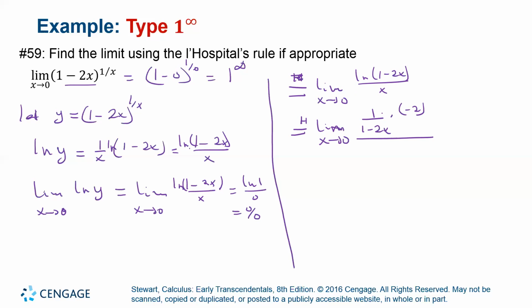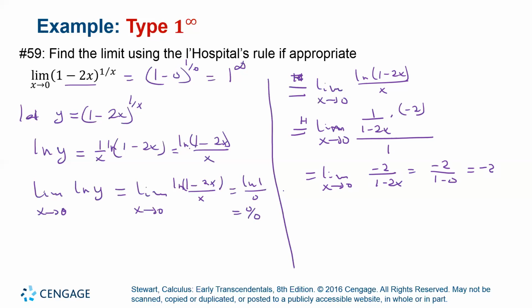Then everything divided by the derivative of x, which is 1. So this is equal to the limit as x goes to 0 of minus 2 over 1 minus 2x. Now, if x goes to 0, you have minus 2 over 1 minus 0, which is negative 2.